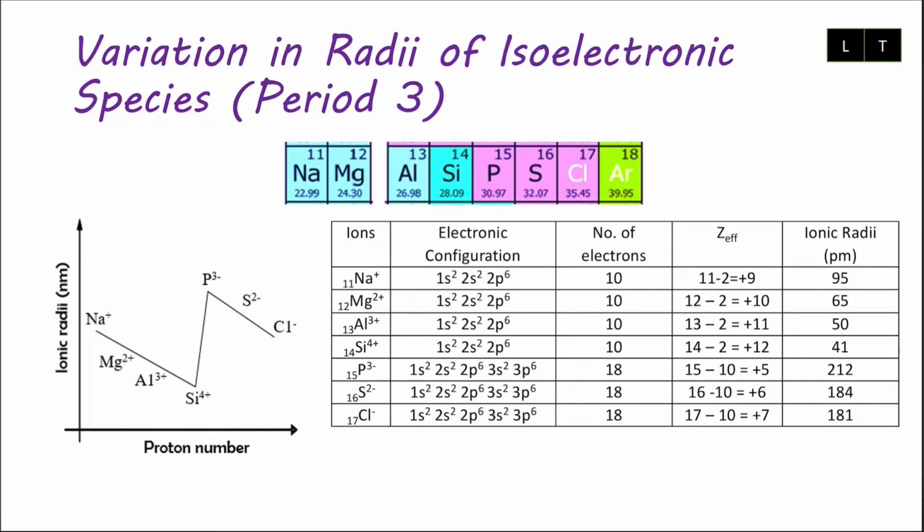So we are going to explain one by one about this trend. I will divide them into 3 parts. Positive charge first, and then the fluctuation between Si4+ and P3- here, and last part between negative charge species. So let's go to the first part.